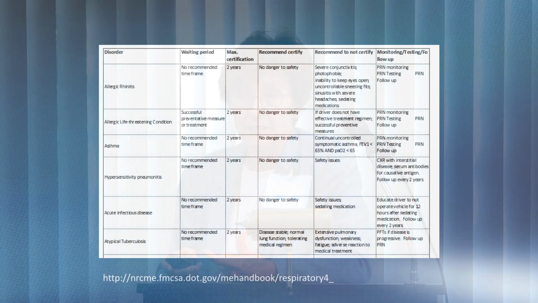If someone has low oxygen levels or the potential for the oxygen levels to drop, and you'll see that these various disorders have acute as well as chronic components, that may be a problem in terms of safely operating a commercial vehicle. If someone is excessively sleepy, that's clearly a problem in operating a commercial vehicle, and there are so many reasons why people are excessively sleepy.